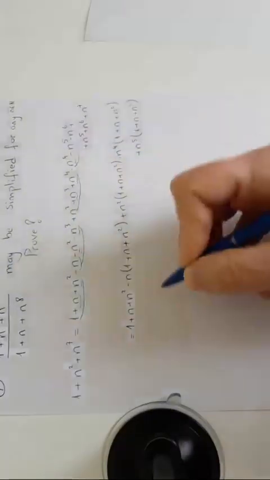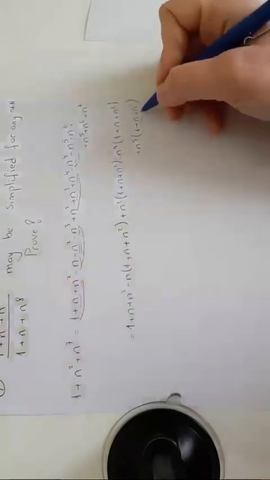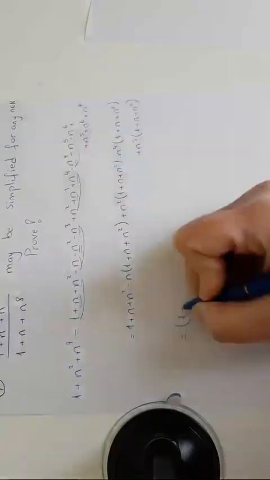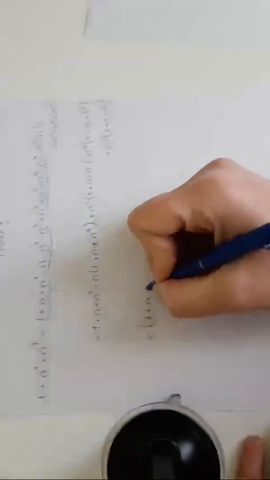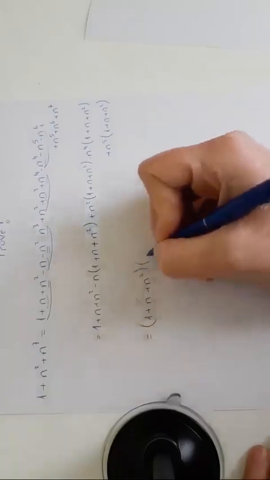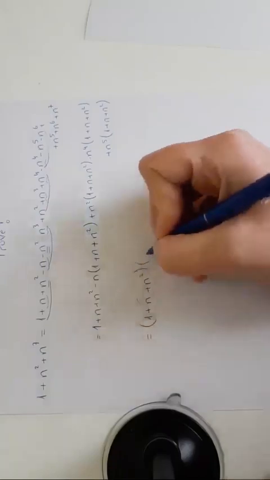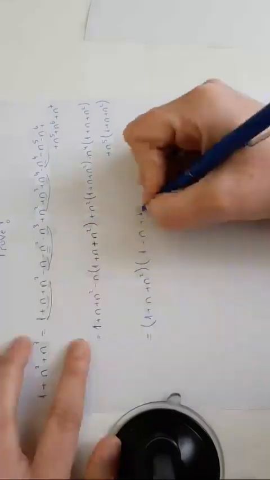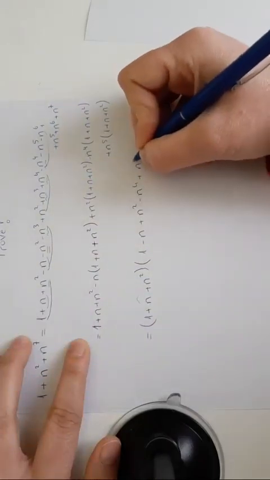You see, in all of them, we have the same term, 1 plus n square. So if I take it in front of the parentheses, 1 plus n square, it will be 1 minus n plus n square minus n to the power of 4 plus n to the power of 5.